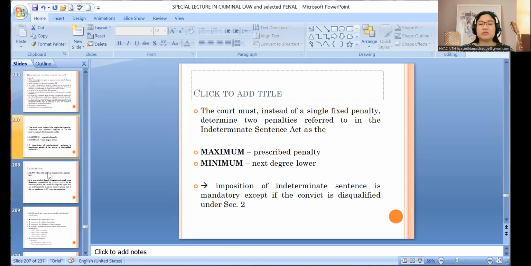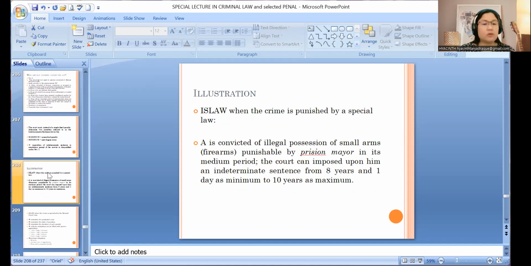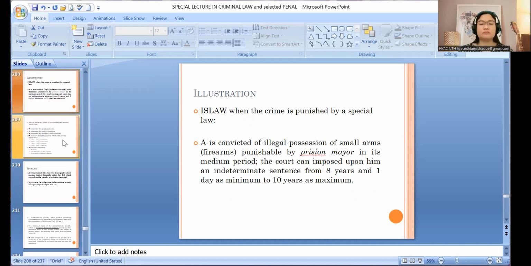So let's apply the law. So first, if the accused is punished by a special law, A is convicted of illegal possession of small arms, punishable by prisión mayor in its medium period. So the prisión mayor medium is the prescribed penalty.